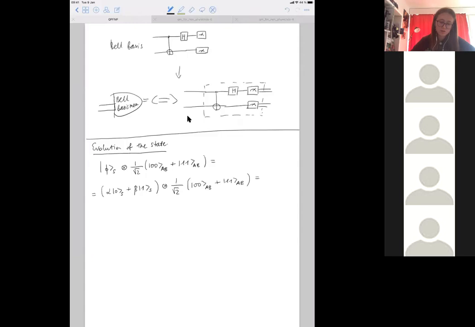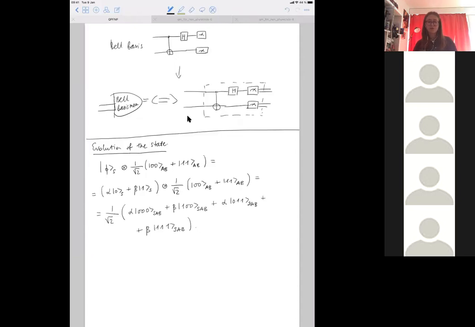This we can write out as 1 over square root of 2 times alpha 000 SAB plus beta 100 SAB plus alpha 011 SAB plus beta 111 SAB.